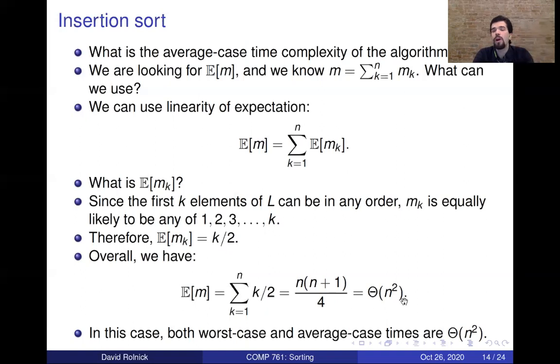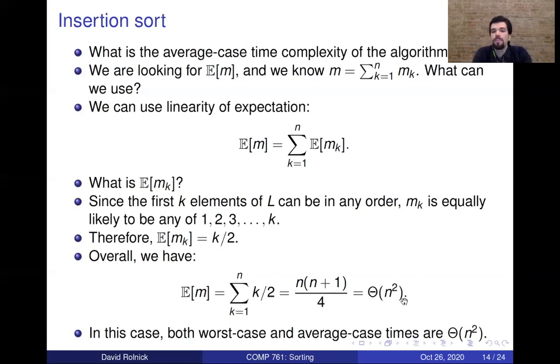So the big O direction is clear. Now, why is it asymptotically greater than or equal to n squared? Well, we can just multiply n squared by a constant.